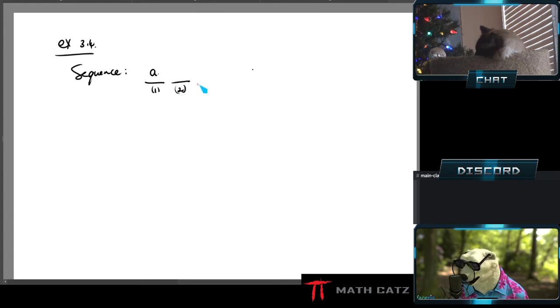Then I'm going to get the second term, maybe a third. It's there. And eventually it's going to get to the 7th term. And the 7th term is given as 16,384. Then it keeps going.